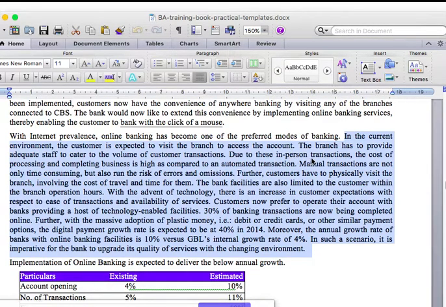Due to these in-person transactions, the cost of processing and completing the business is high as compared to automated transactions. Manual transactions are not only time consuming but also run the risk of errors and omissions. Further, customers have to physically visit the branch, involving the cost of travel and time for them.